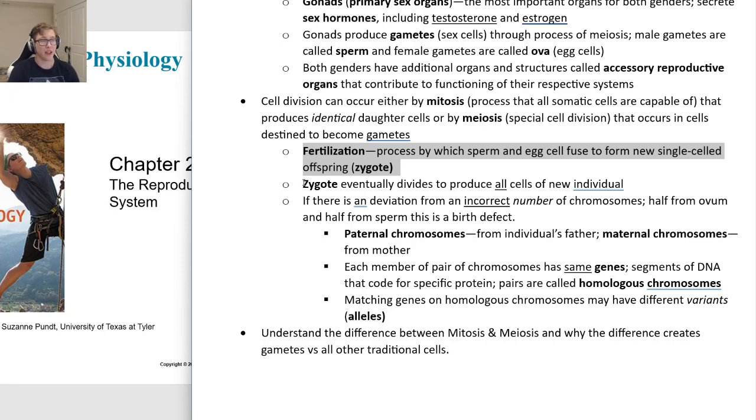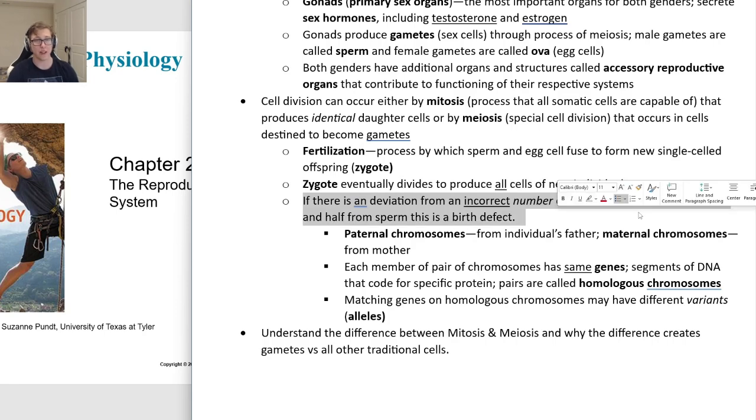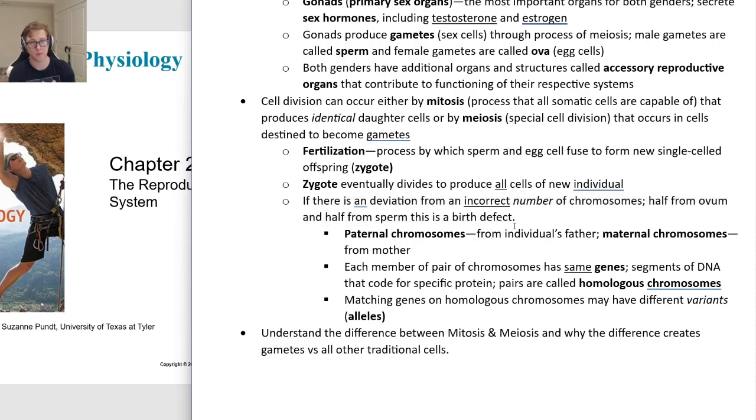Now, the zygote eventually divides to produce all the cells of the new individual. If there is a deviation from the correct number of chromosomes, either coming from the ovum or the sperm, that is a birth defect. A common one that I can think of offhand is an extra chromosome, which can lead to Down syndrome.